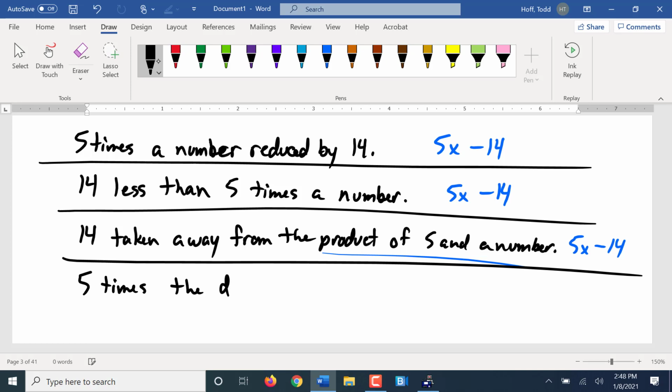5 times the difference of a number and 14. Be careful with this one.